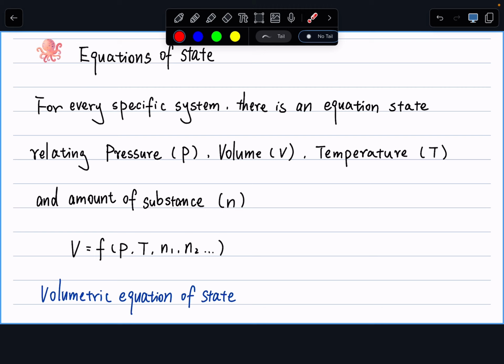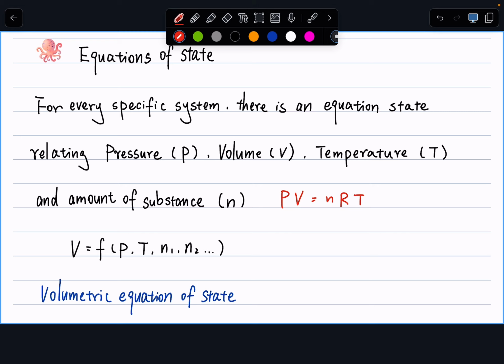The ideal gas law is one example, the most simplistic equation of state we can think about. An equation of state is just a relationship of your macroscopic properties: pressure, volume, number of moles, and temperature.